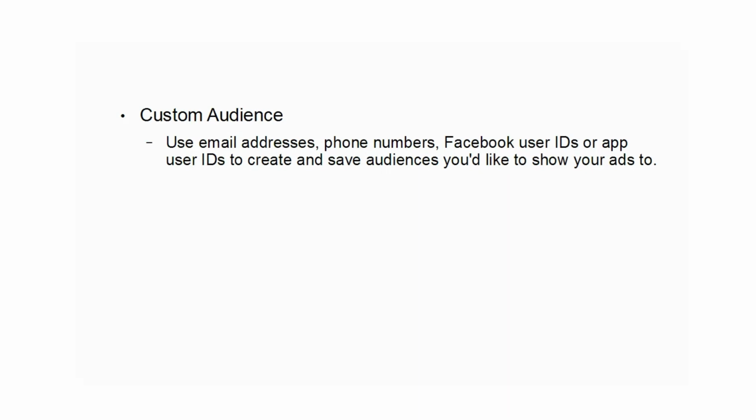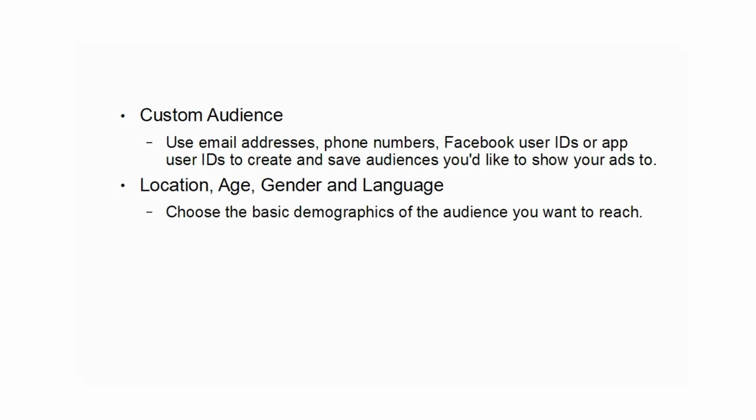So you can make sure that only people who you specifically selected will actually get to see your ad. Nobody else will. You can also choose by location, age, gender, and language. And basically, these are the most basic demographics of the audience that you want to reach.